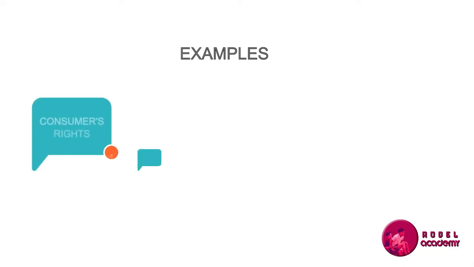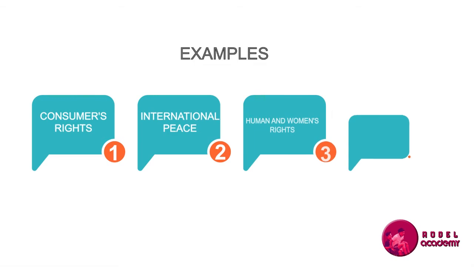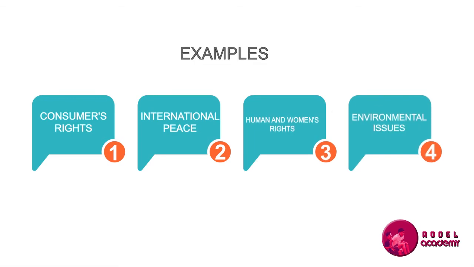For example, human rights, consumers' rights, women's rights, international peace, and environmental issues. Development agencies are organizations with specific aims and goals. They concentrate on the growth, progression, and advancement of specific societal concerns such as infrastructure and social institutions.